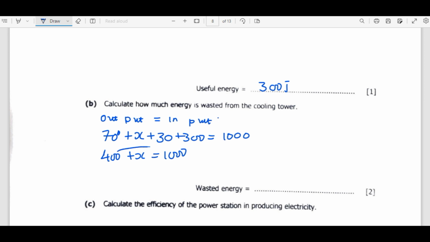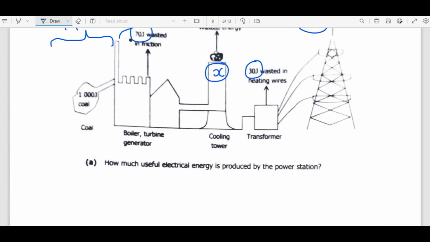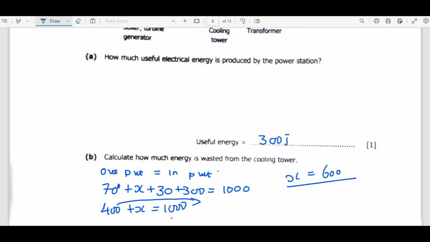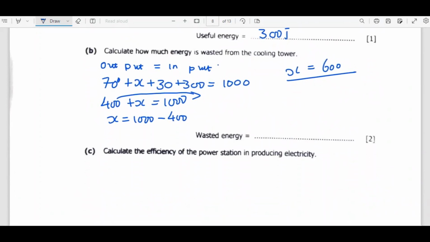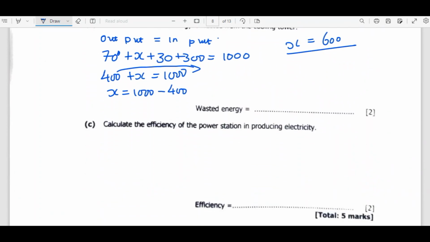So if you do the math, you shift this number to the right side, we get X is equal to 1000, this becomes negative 400, giving us X is equal to 600 joules. So this was the amount of energy that was wasted at this point. So we have 600 as our final answer. Then the C, calculate the efficiency of the power station in producing electricity.